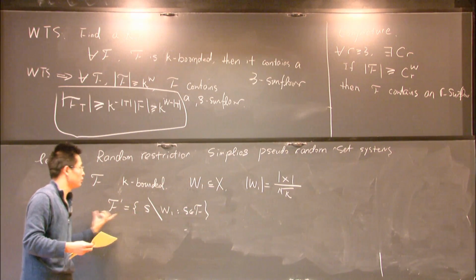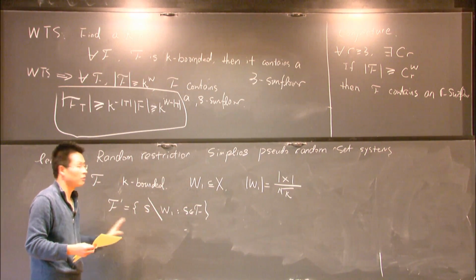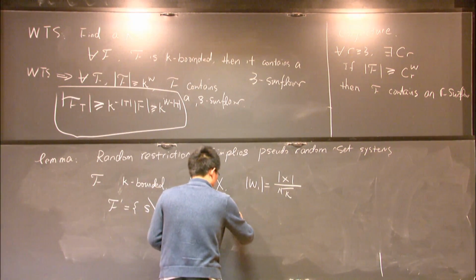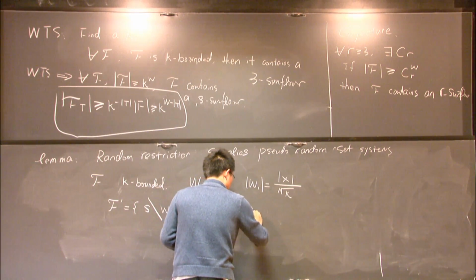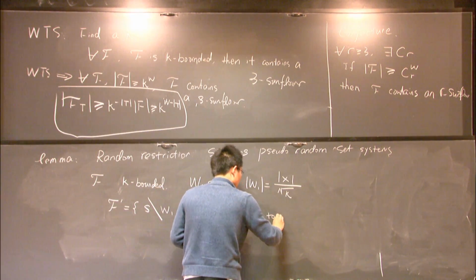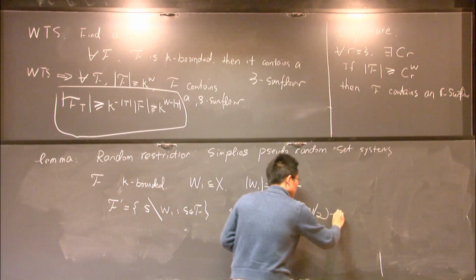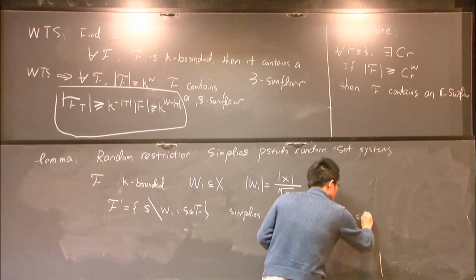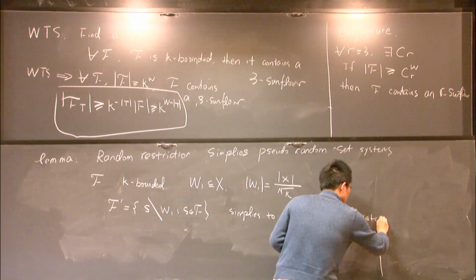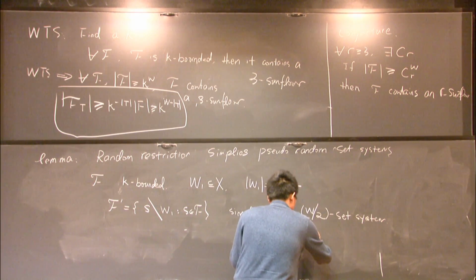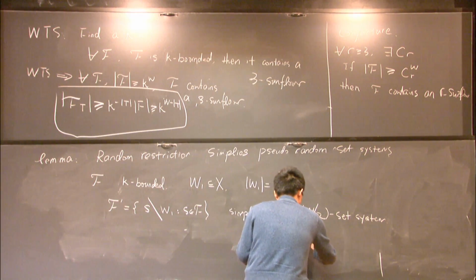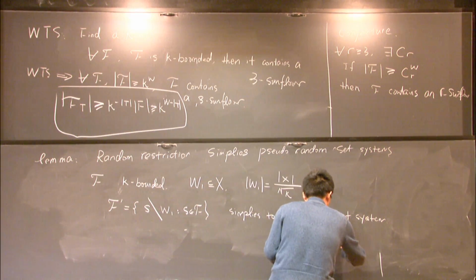With high probability, this set system, where we remove W1 from each set, simplifies to a W over 2 set system, and almost kappa bounded. I'm going to define what almost means soon.